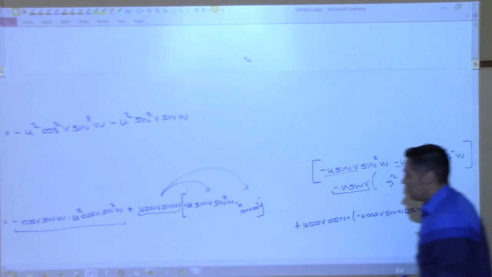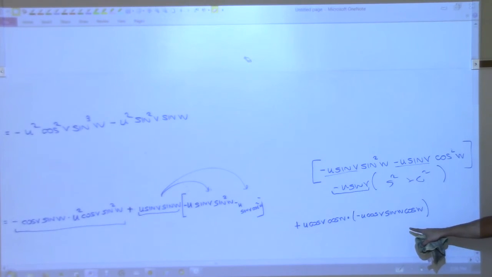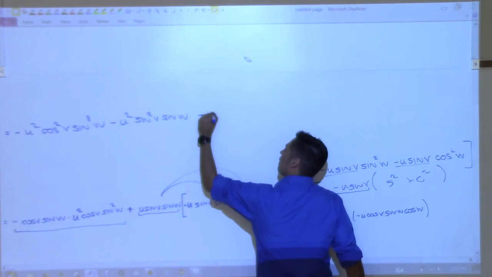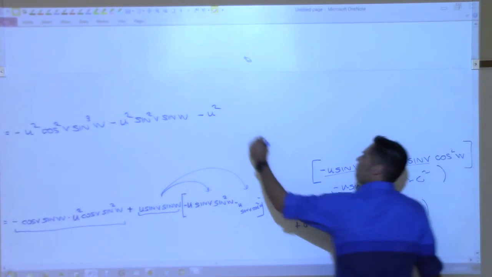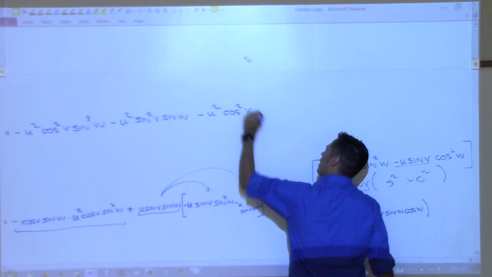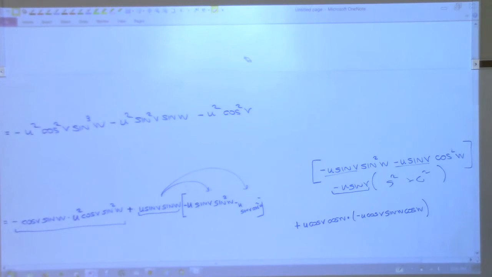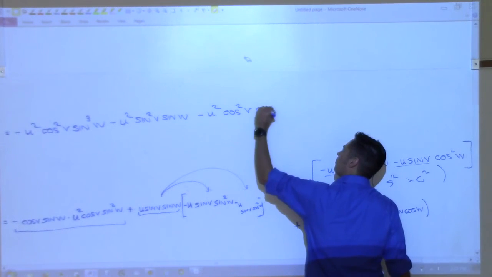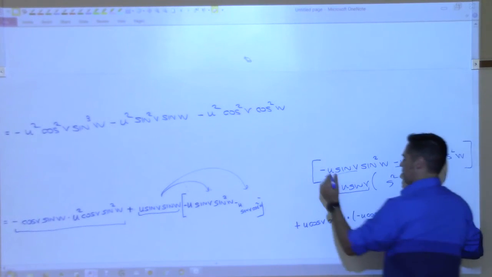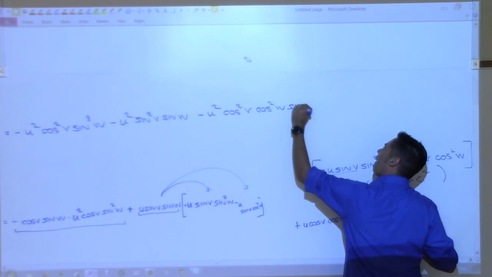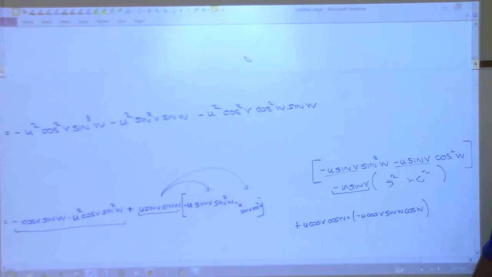Okay, what's next? This one? Minus u squared again. Do we get anything nice? Cosine squared v, cosine squared w. And then we got this weird sine w, right, just by itself? All right, can we do anything with this?